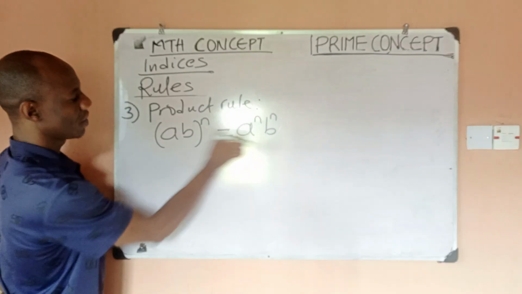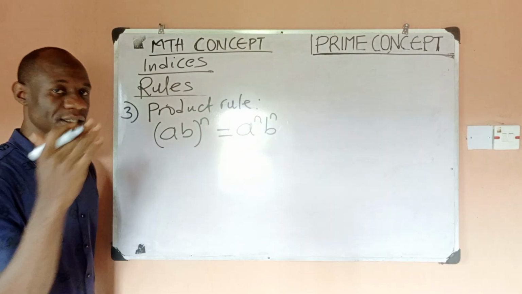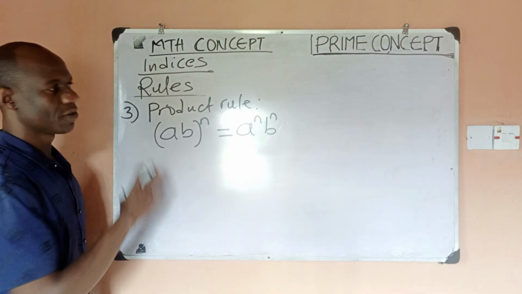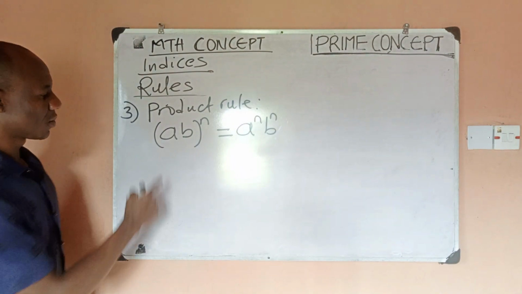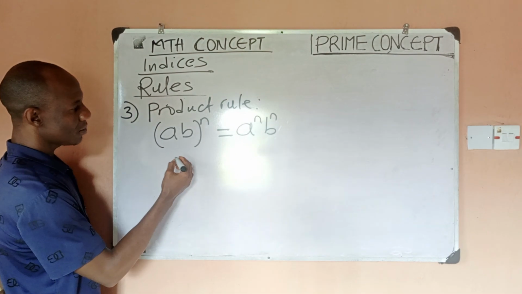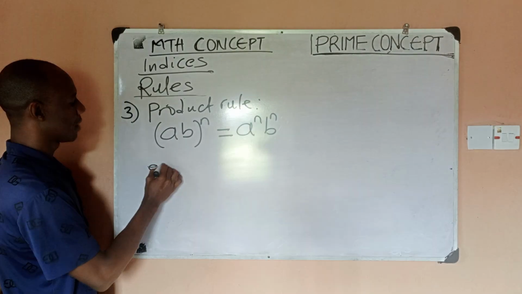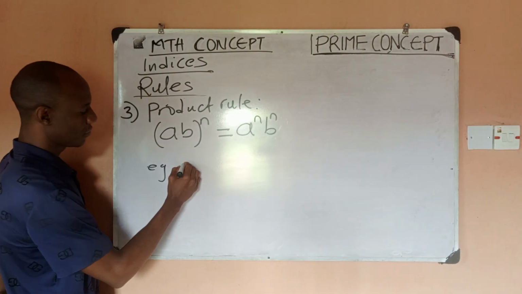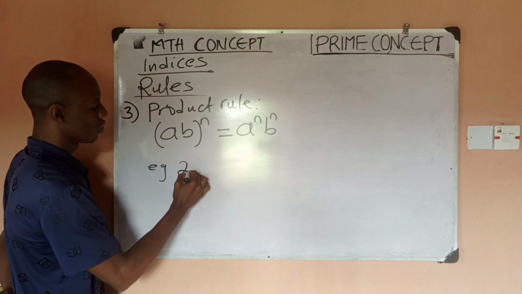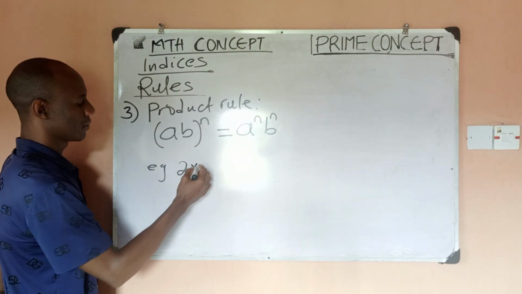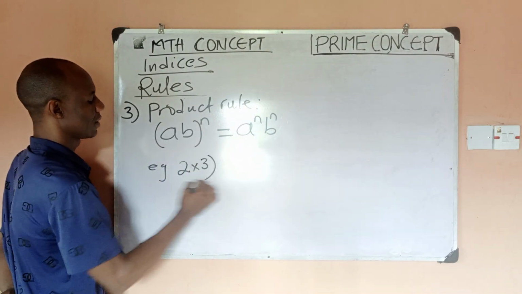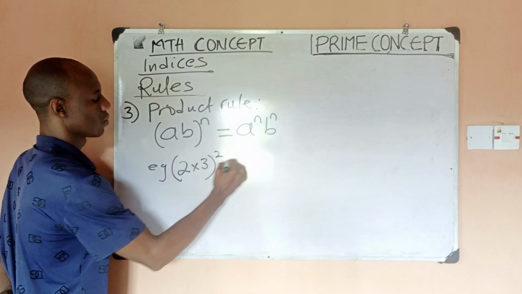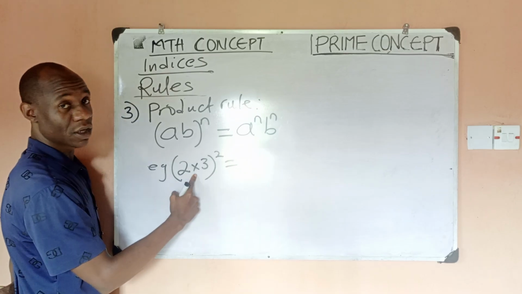Yes. So it just tells you that you can distribute the power amongst them. And you can go from here to here, you can go from here to here, depending on what you want to achieve. I will give a problem that will help you see this. Now say you have, for example, 2 times 3 raised to power 2, and you see that you have a product, right?